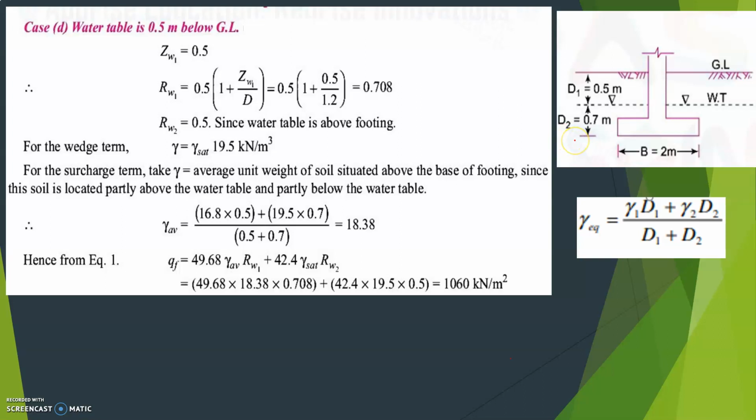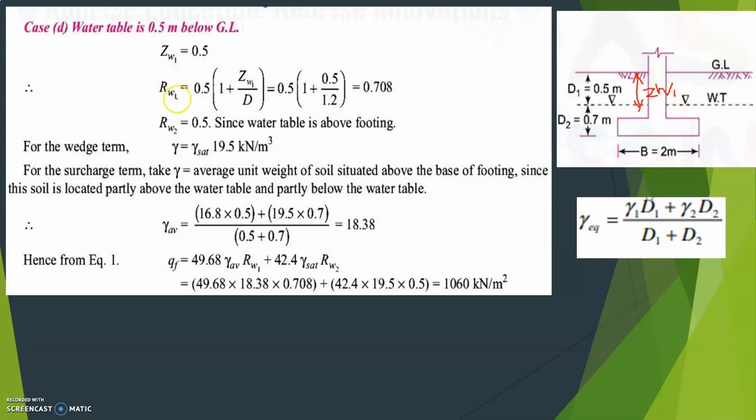Now, how to calculate RW1 and RW2? To find RW1, you require ZW1. ZW1 is nothing but the distance from the ground level to the position of the water table, that is this point here. This is ZW1, the position of the water table below the ground surface.